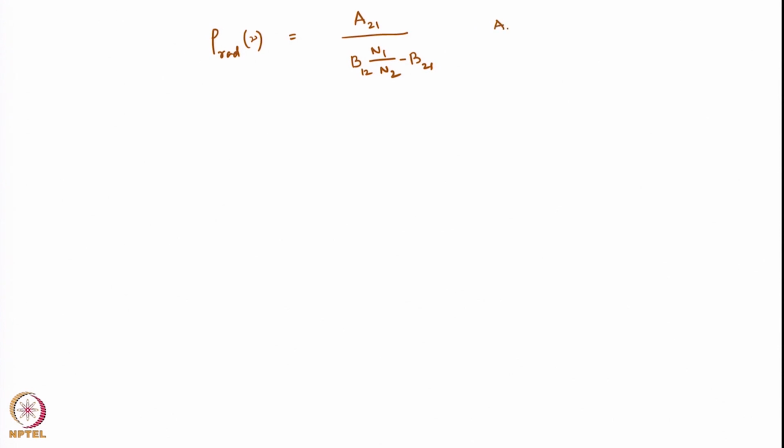Under the circumstances A21 is written as A and P12 equals B21 is equal to B. We write A by P, N1 by N2 minus 1.